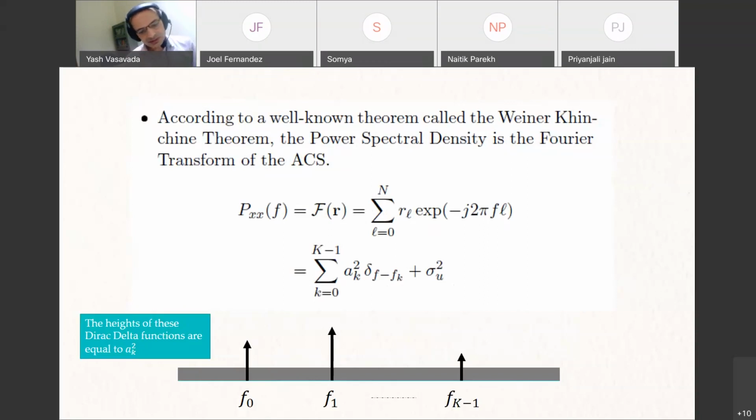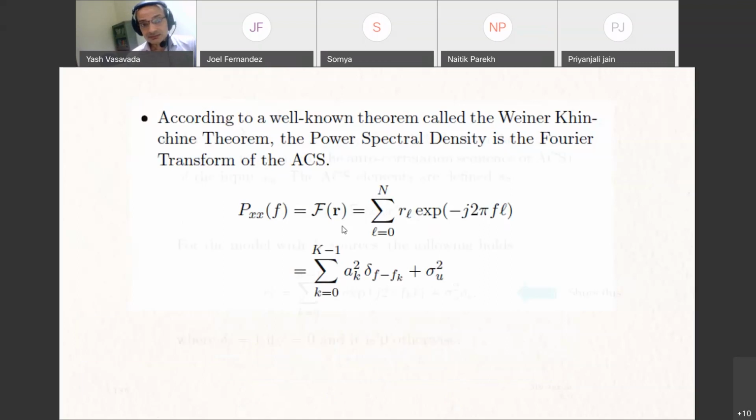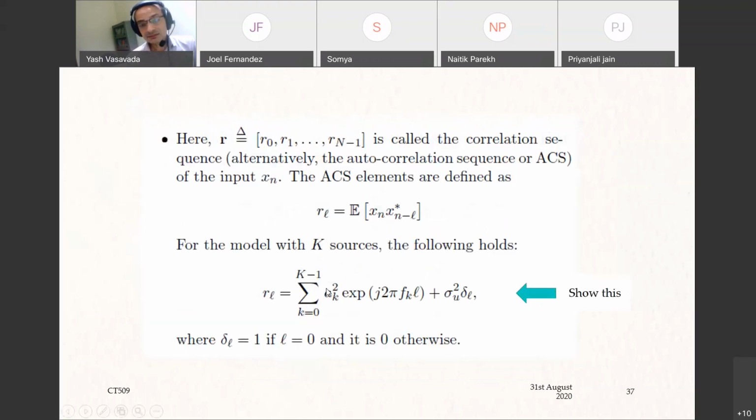The same way, if you take the Fourier transform of a random sequence and ask what is going to be the output of that Fourier transform, it's a meaningless question to ask. You can't determine the Fourier transform of a random sequence. But you can determine this R. And that is exactly what we did here.